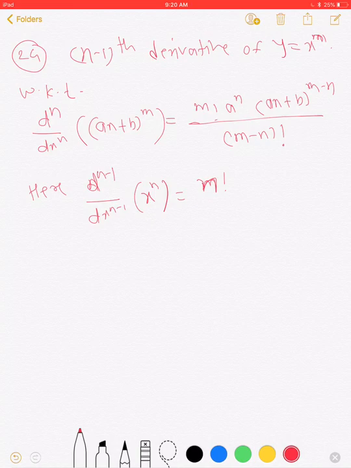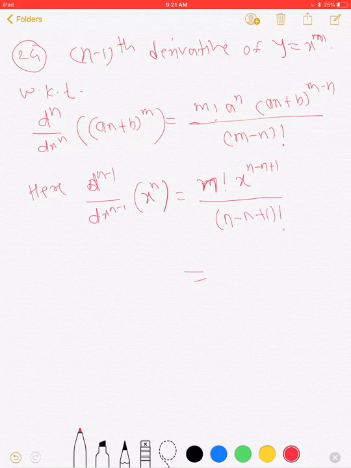The value of a is 1, so this is 1. So this becomes x raised to the n minus n. Here we are taking the (n minus 1)th derivative, so instead of n we are writing n minus 1. So this becomes upon (m minus n) factorial, that is (n minus n plus 1) factorial.